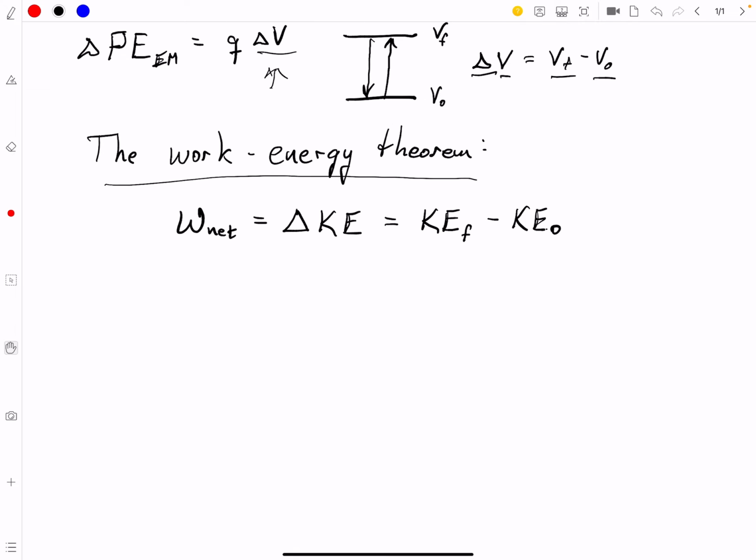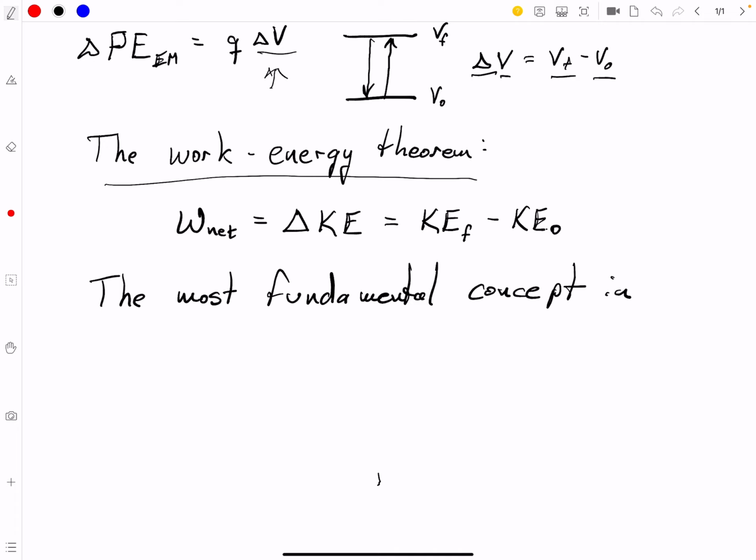Now, of course, and I've said this before, I've beat this horse into your brain, I hope, really well. The most fundamental concept in physics is the conservation of energy.